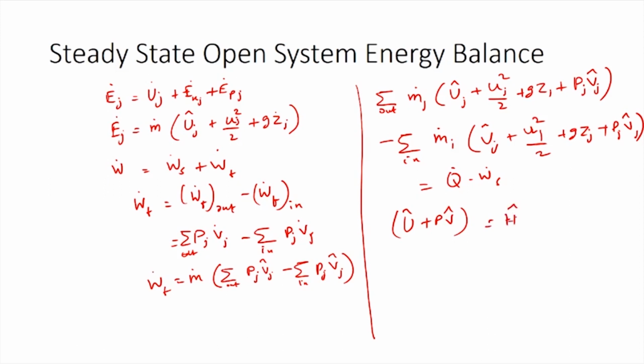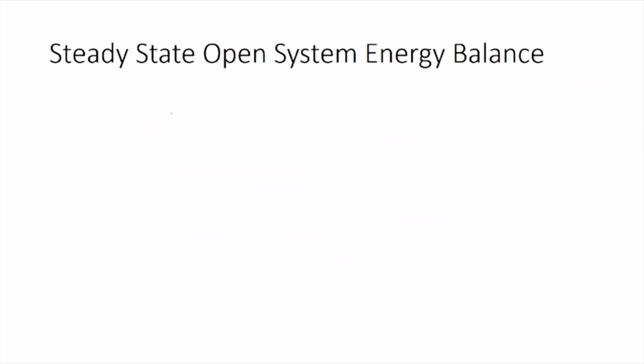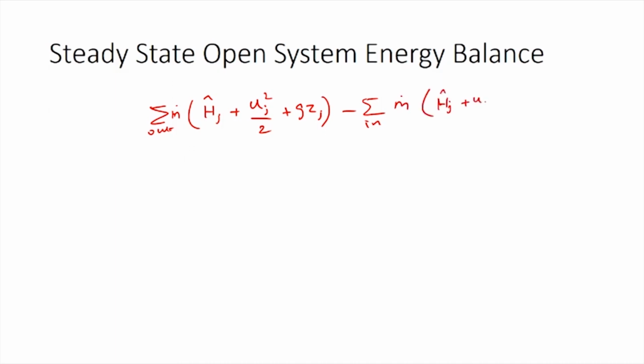So, this equation can then be simplified and written as sigma out of m dot times (H cap j plus u j squared divided by 2 plus g z j) minus sigma in of m dot times (H cap j plus u j squared divided by 2 plus g z j) equal to q dot minus W s dot.